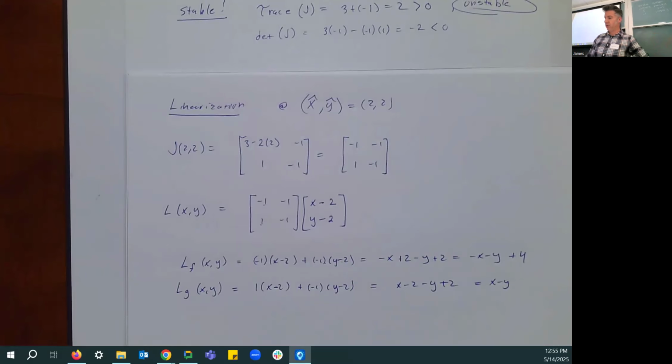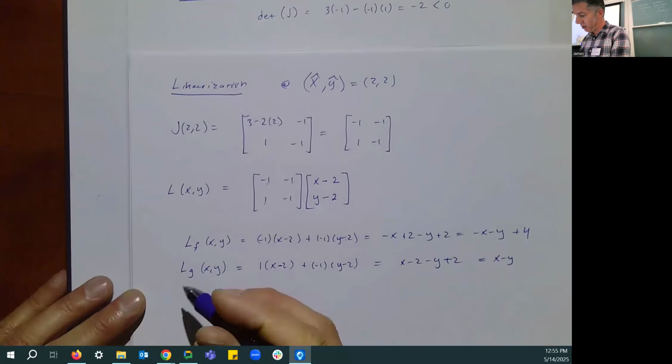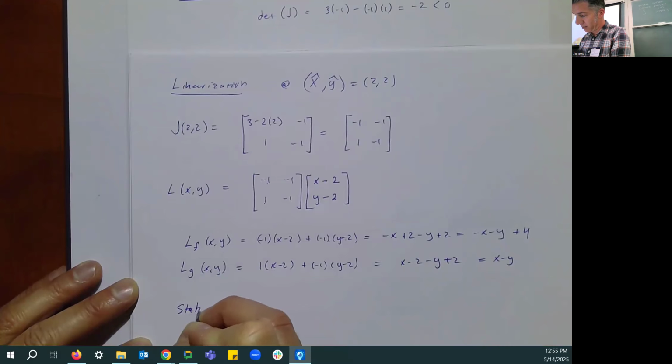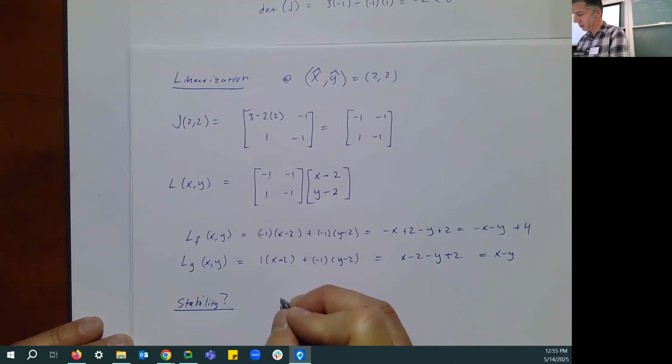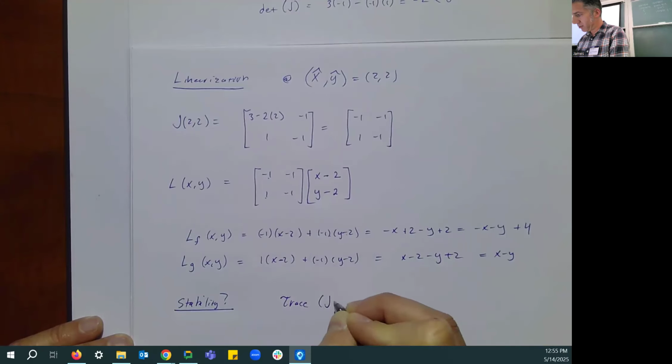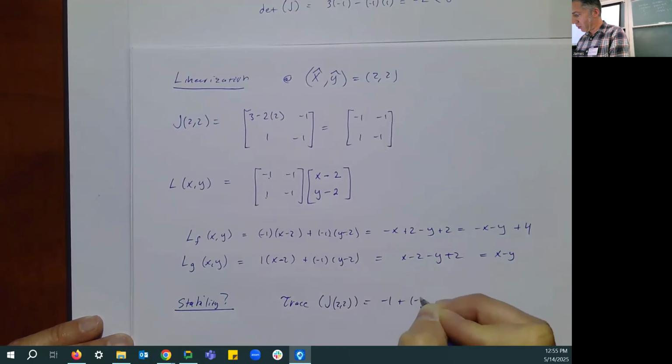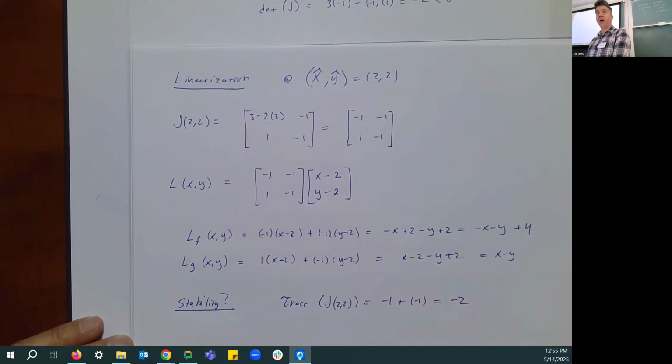Okay, so finally, answering the last question, how about the stability? Well, the trace of our matrix is -1 plus -1, which is -2. Good to go so far.